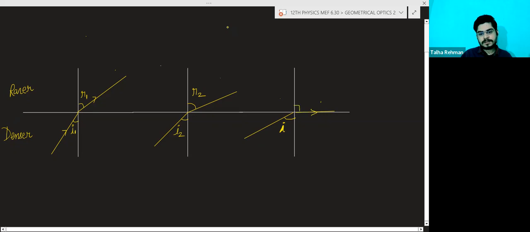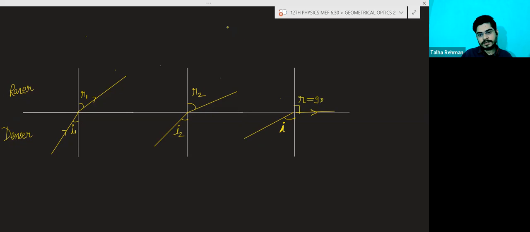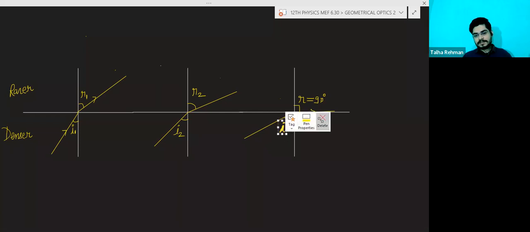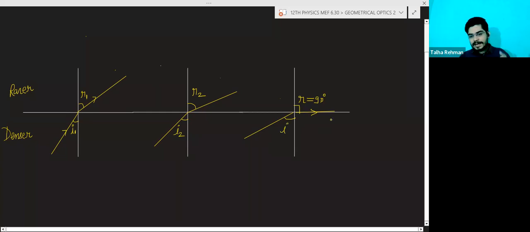This is the angle of refraction and that is equal to 90 degree. As we are increasing the angle of incidence, the angle of refraction is increasing. Now you have increased the angle of incidence as much that the angle of refraction becomes 90 degree, so that the ray is grazing through the surface.